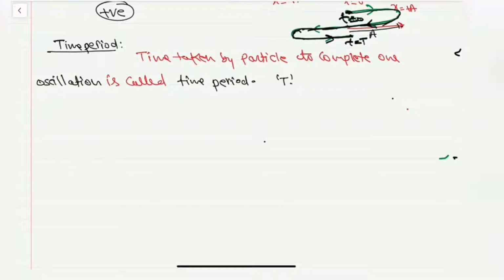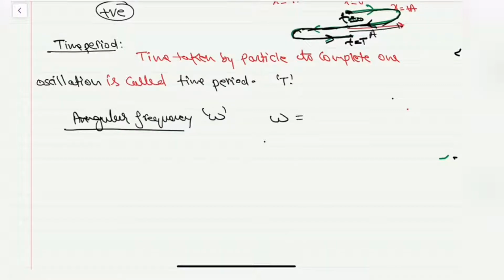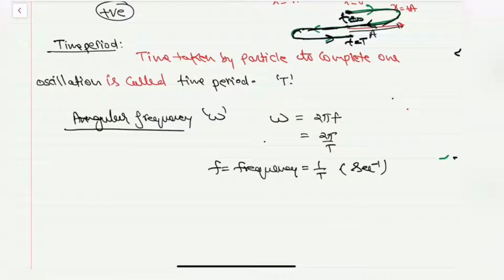Next, frequency and angular frequency. What is angular frequency? It is represented by omega, and mathematically it is equal to 2 pi f, which is equal to 2 pi by T, where frequency f is equal to 1 by T. The unit is inverse second, or per second.